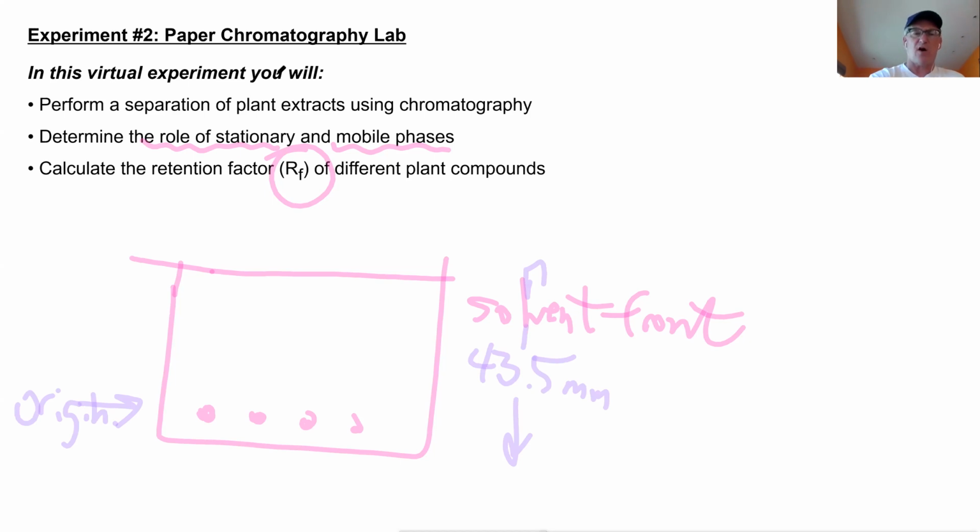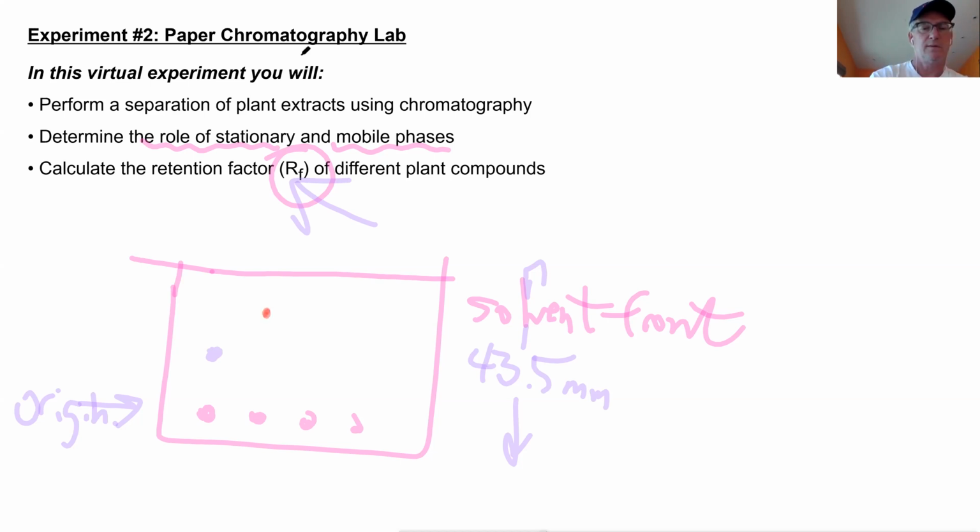How do I calculate RF? Distance of solute and solvent. So how do I measure the distance? Okay, let's put my different spots here. There's where I spotted them, and then there's where they went. That one went there.